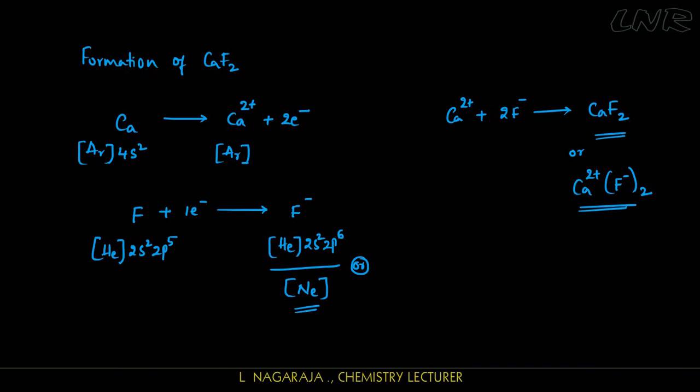So this is the formation of an ionic bond. The ionic bond is just the electrostatic force of attraction between the cations and anions. That force of attraction is called the ionic bond.